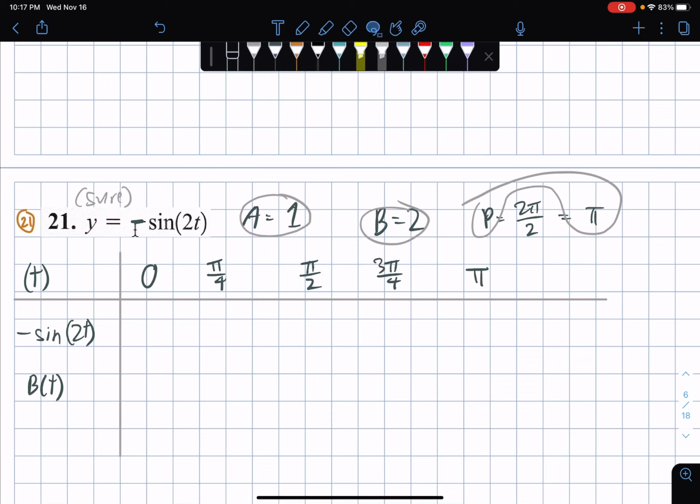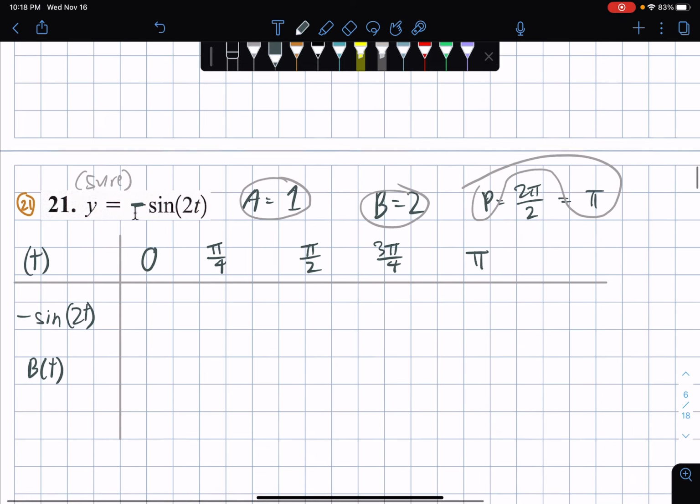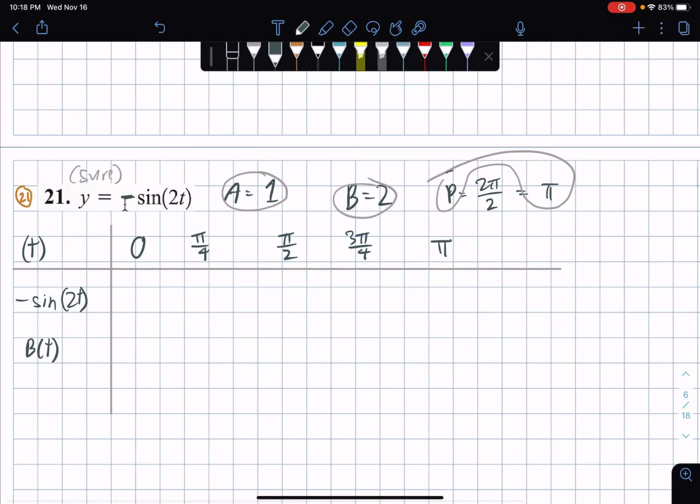At first, I certainly had no idea where we got these values. But eventually, I realized that the value of the period will always be the last part, or the t value at the very right of the table.